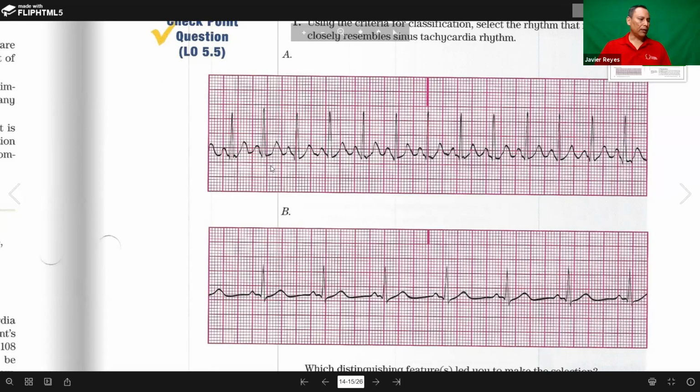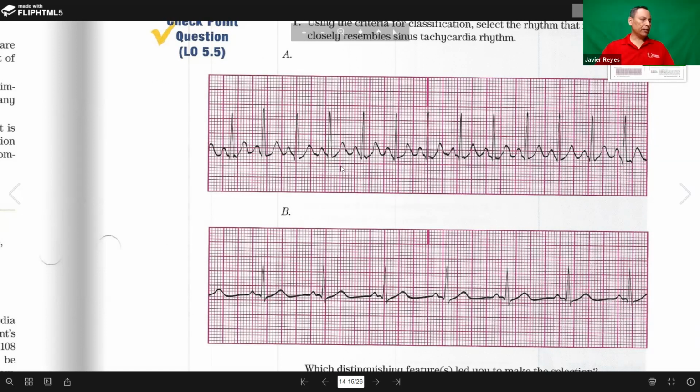Then you look at the rate. What is the rate of this one? Count all the R's, complete waves. 1, 2, 3, 4, 5, 6, 7, 8, 9, 10, 11, 12, 13. 13 times 10 equals 130.